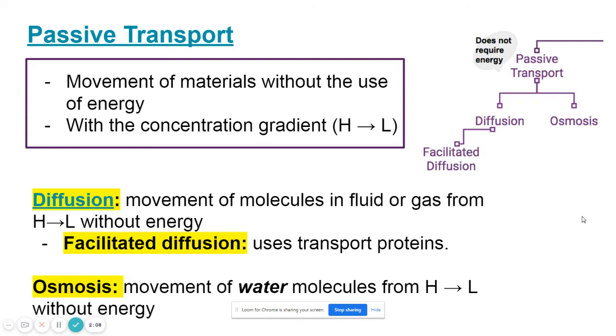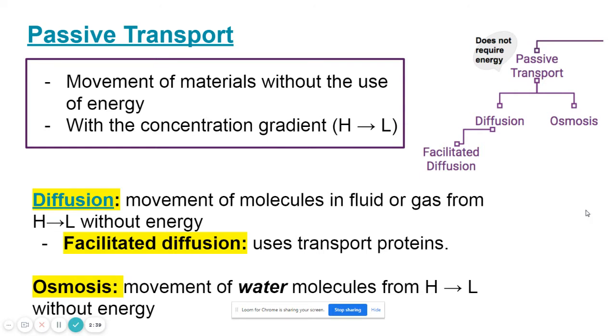So let's start with passive transport. Passive transport is defined as the movement of materials without the use of energy, and these materials are generally being moved with a concentration gradient. So a concentration gradient is basically how particles are moving inside the cell. And usually particles will move with the concentration gradient.